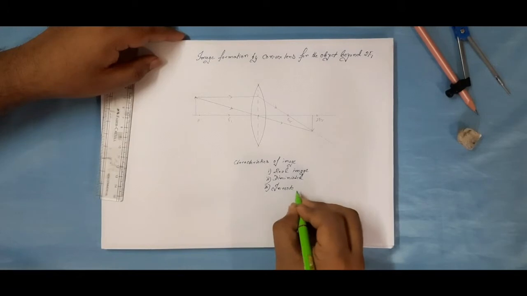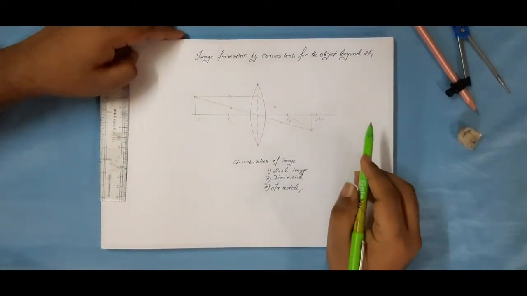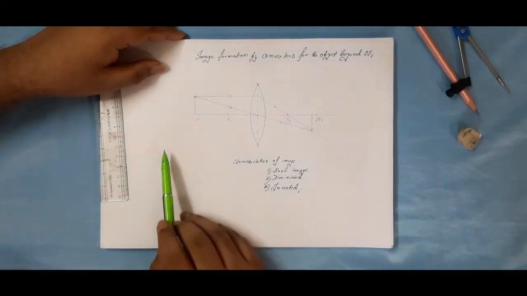So these are the characteristics of image formed by the convex lens when the object is beyond 2f1.